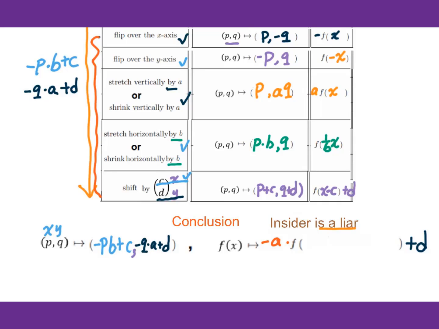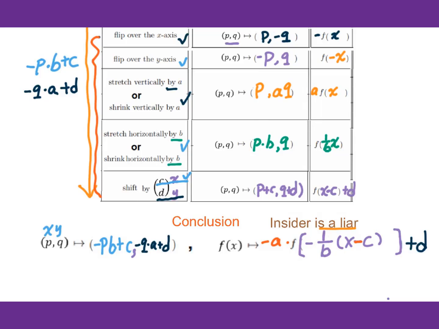Then flip over the y-axis, you will get a negative sign in x. And stretch horizontally by b or shrink horizontally by b, this will be 1 over b. For shift by c, that's x minus c.